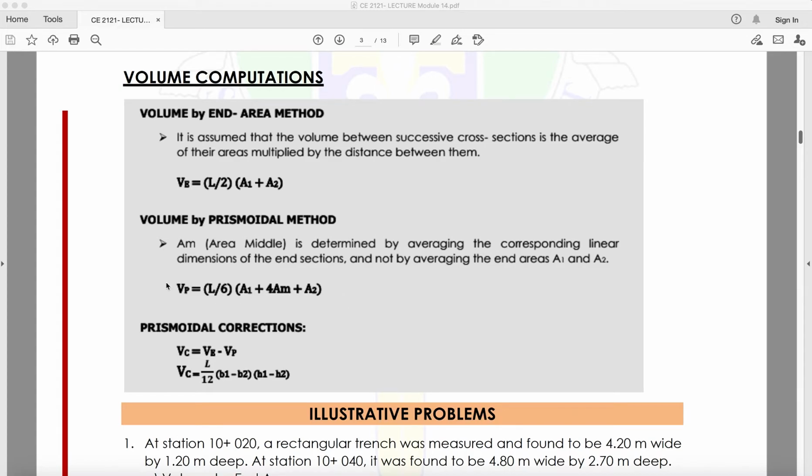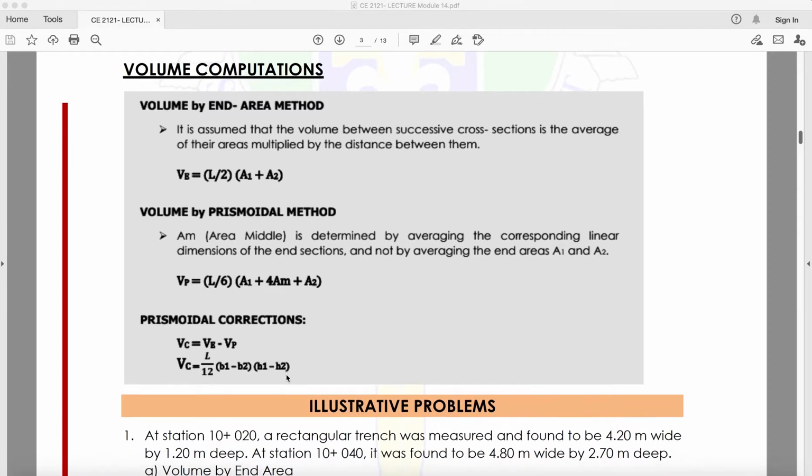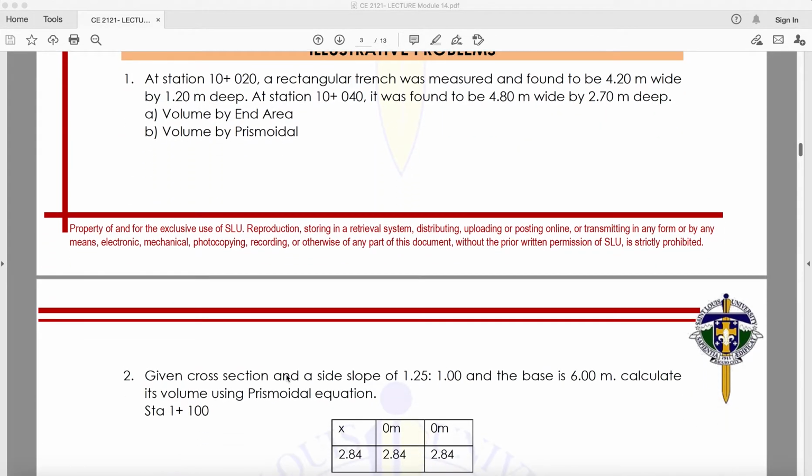That is the volume by the prismoidal method. Now for the correction, the end area method volume VE minus VP, therefore VC is equivalent to 1 over 12 times B1 minus B2 times H1 minus H2. Don't worry, we will use that in our illustrative problem.